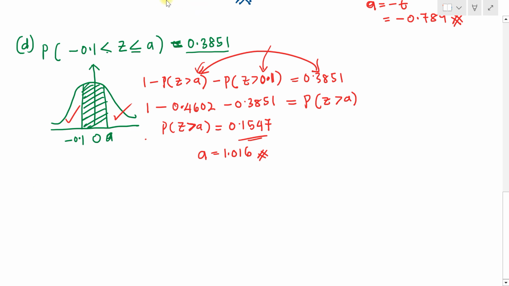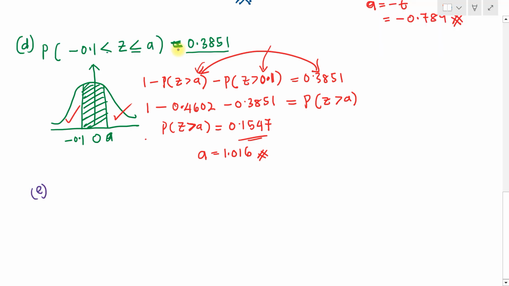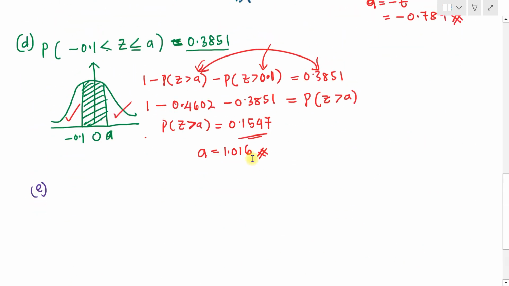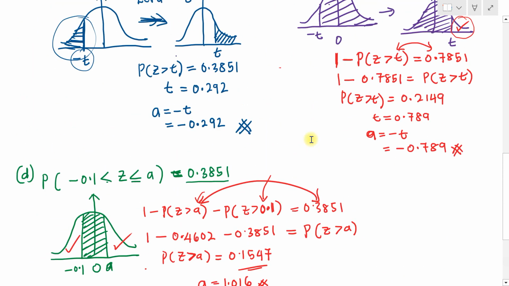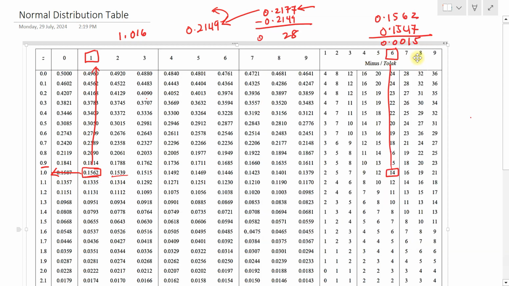Right. Next one. Your answer is 1.017, because they might be taking, kita tadi minus 14 kan. Kita ambil minus 14 kan. Okay, here 15 is the answer, but we take 14, right?